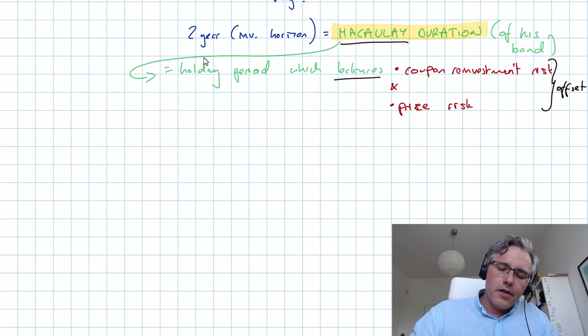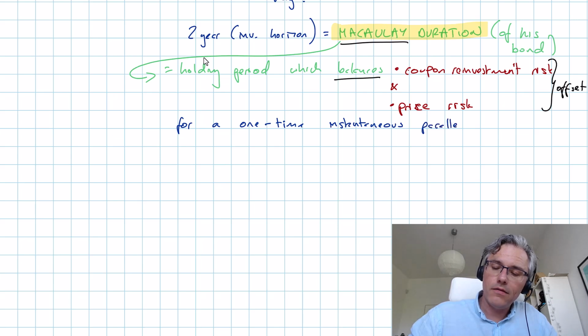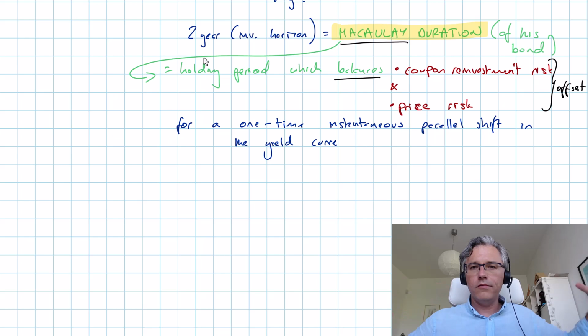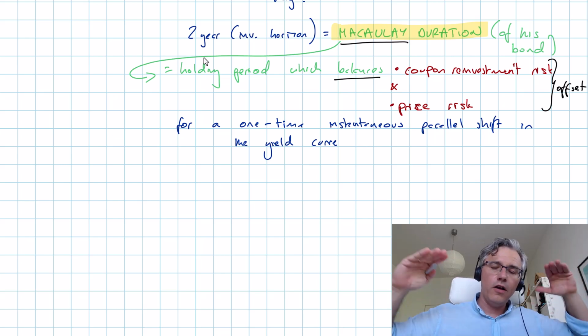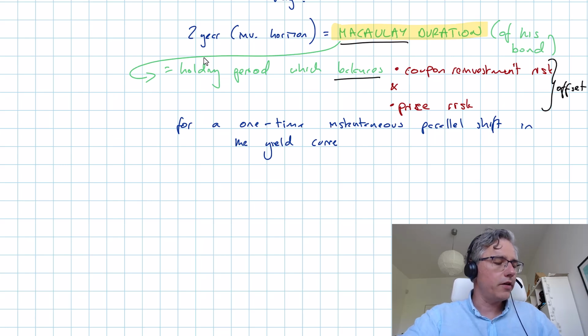It only works for a one-time, so a single moment, instantaneous, simultaneous parallel shift in the yield curve, meaning all interest rates move at the same time on different points of the yield curve up, for example, by 50 basis points, as we had over here.